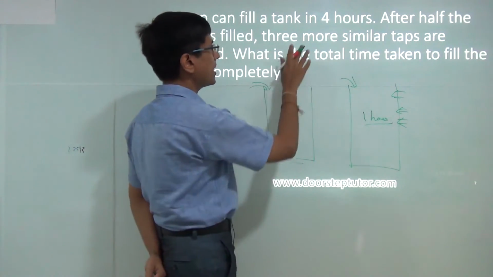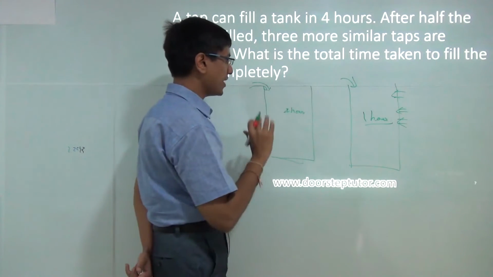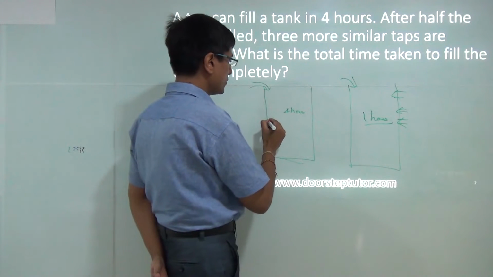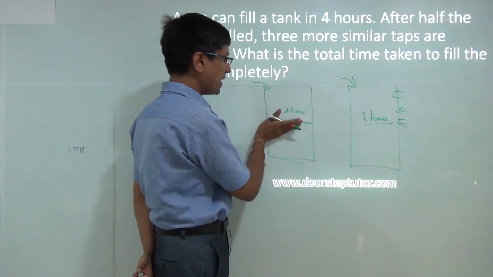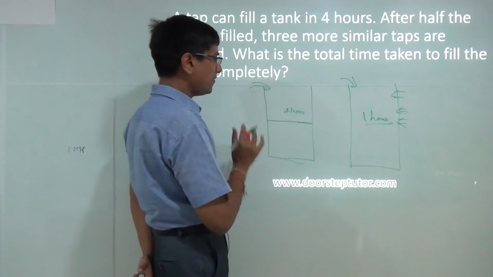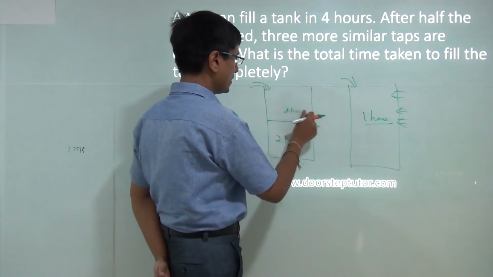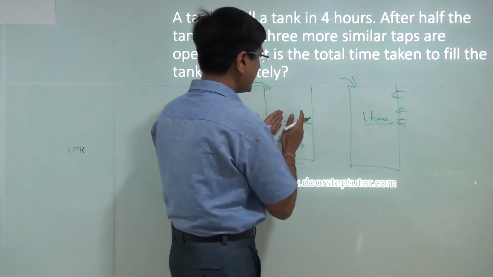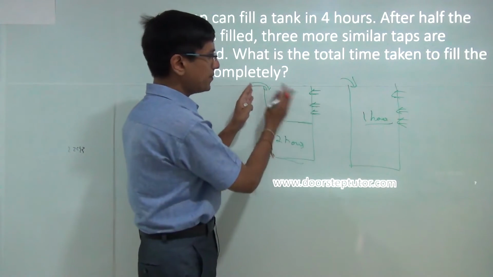Now what am I being told? I am told to find the total time in a particular scenario, and that scenario is as follows. First I run only one tap for as long as it takes to fill half the tank. How long will it take to fill half the tank? 2 hours. Then the other half of the tank is filled by using 4 taps altogether.